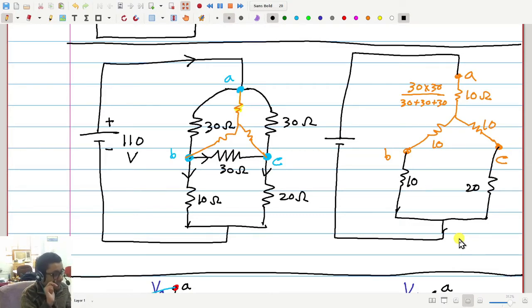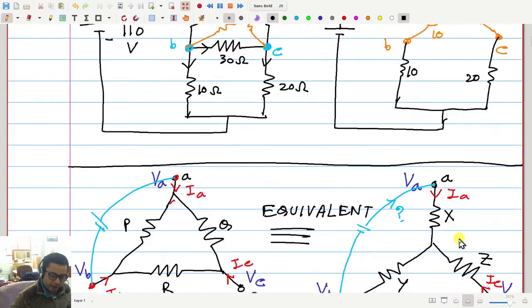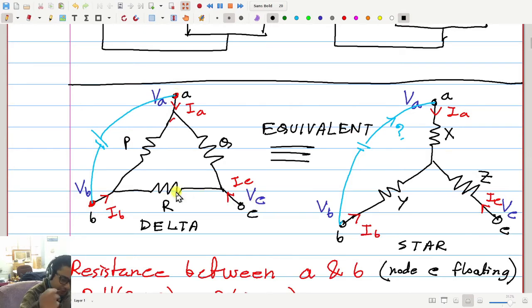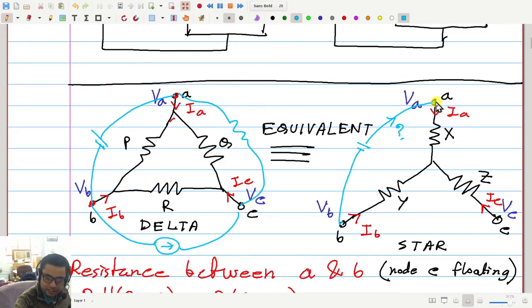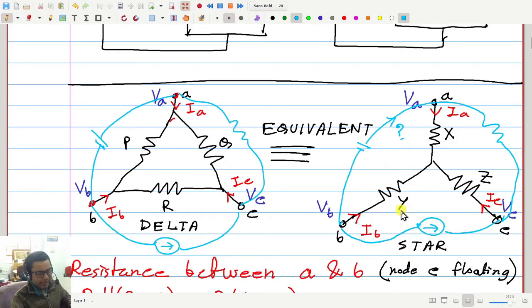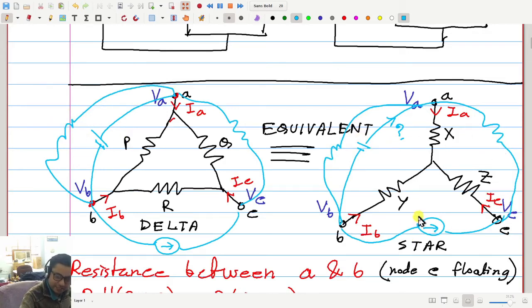I am claiming, without proving, that this formula is absolutely general in the sense that whatever you connect between these three nodes, maybe a current source, maybe a resistance, and you connect the same things here, then in the outside circuit, that means in this blue circuit, nothing will be different.